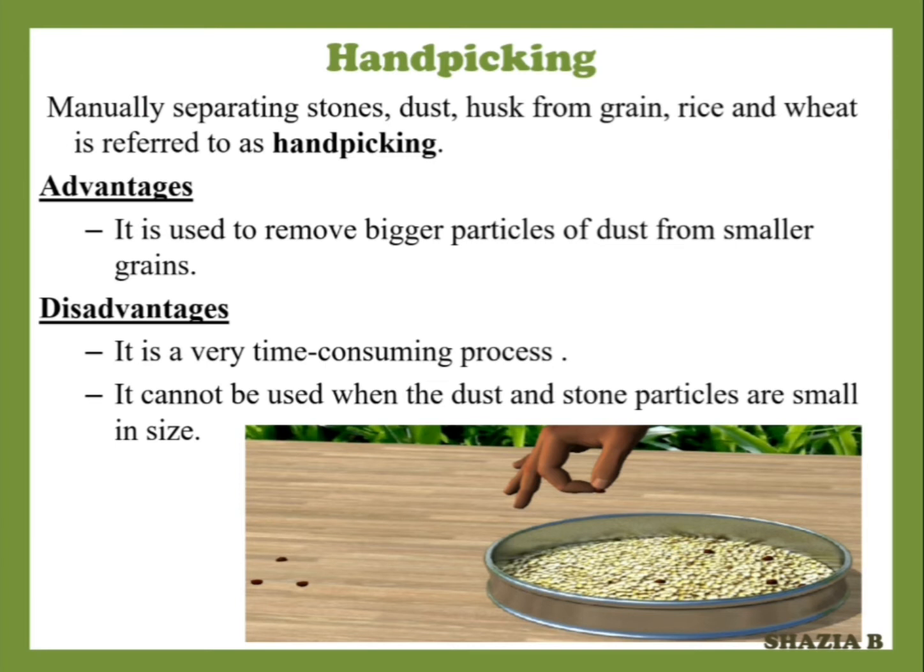For example, in order to separate salt and other powdered substances together, we cannot usually separate both items. So hand picking has its advantages and disadvantages. It is used to separate bigger particles, but the disadvantage is that it is very time consuming, and we cannot use this process to separate particles that are very small in size.